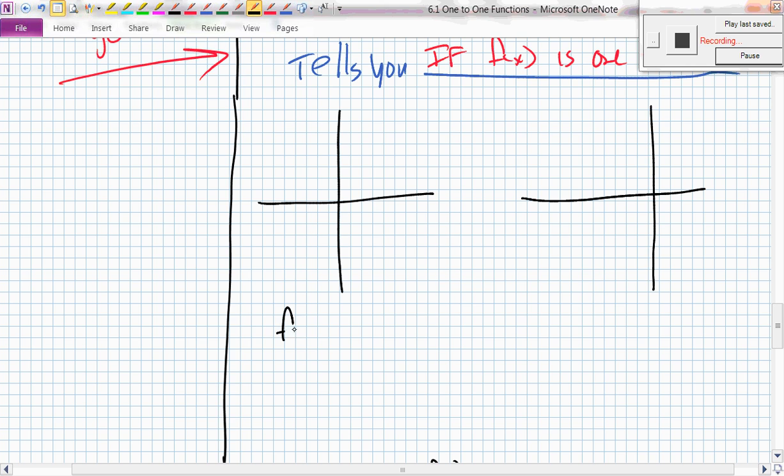I'll give you f of x is equal to x squared. Okay, what parent graph is f of x equals x squared? Yeah, it's a parabola, right? So 0, 0, 1, 1, and then 2, comma 4. So it looks like this, right? All right, great. So, number 1, is that a function, yes or no?